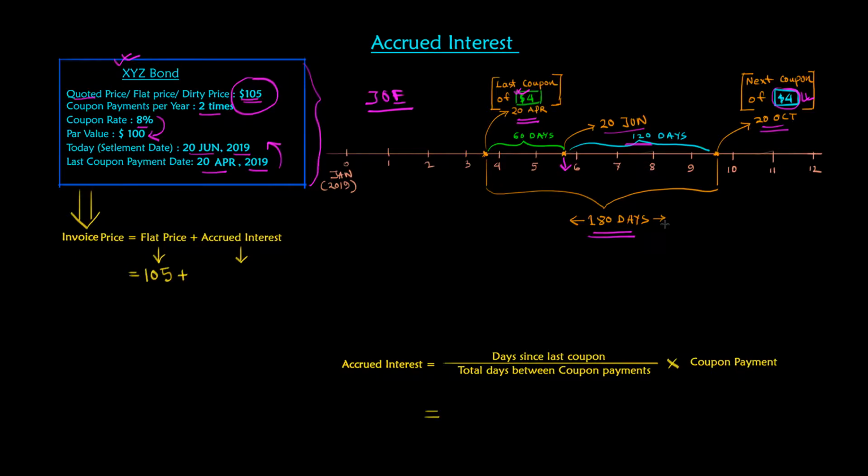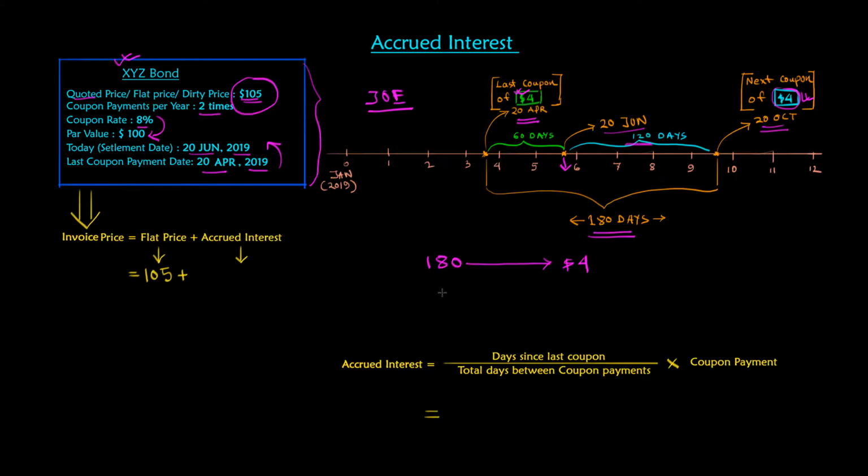That proportionate amount of coupon that Joe deserves is actually the accrued interest. So if someone holds on to this bond for 180 days, and we are assuming here that every month has 30 days, so in 6 months there are 180 days, he or she receives a coupon payment of $4.